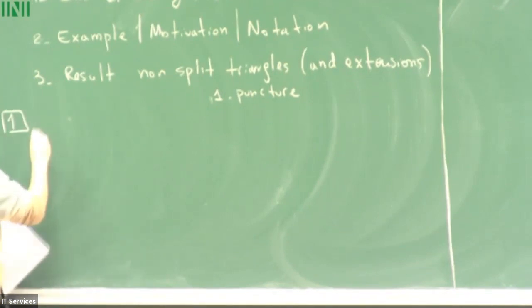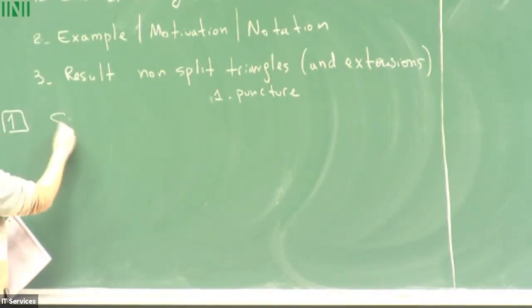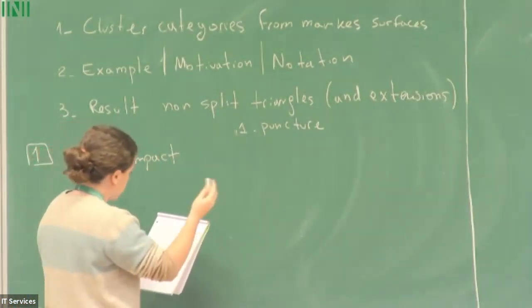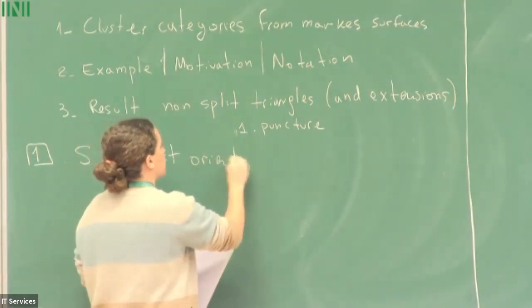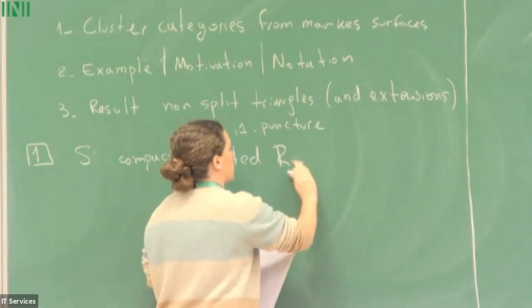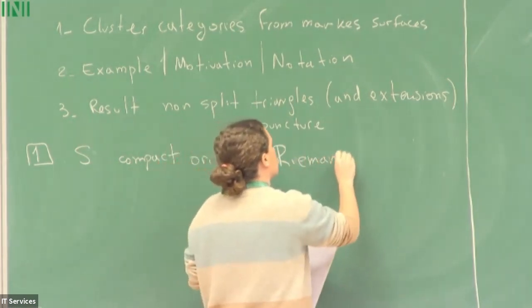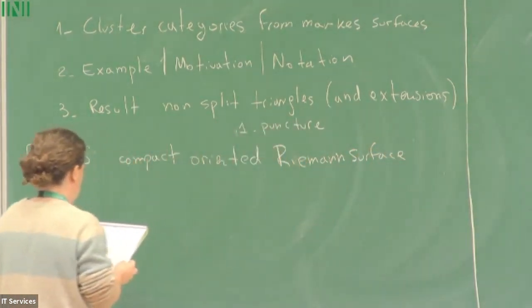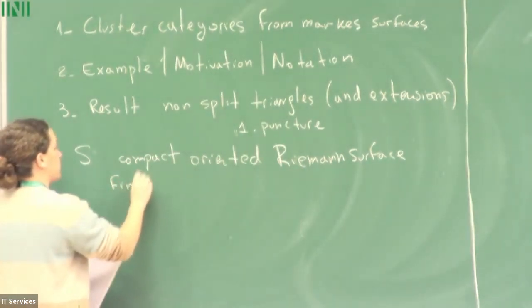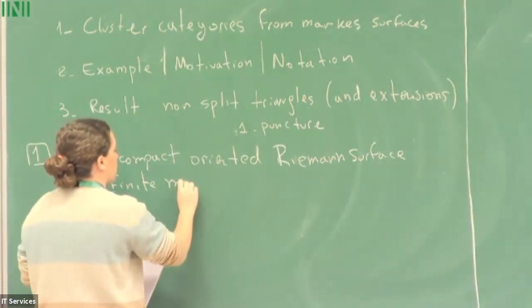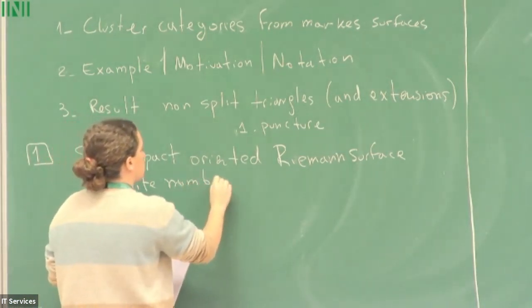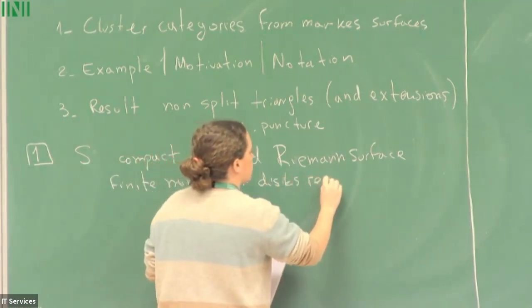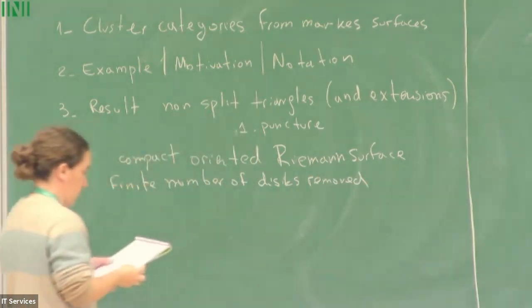First, as before, S is a compact, say, oriented Riemann surface. It has a finite number of disks removed, maybe.